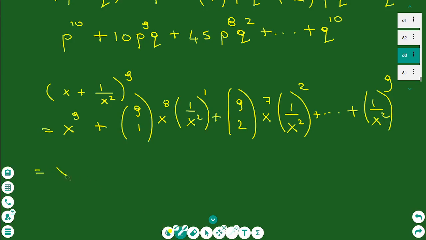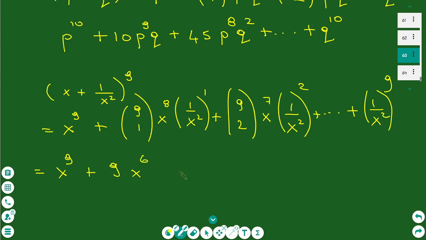So this is x to the power of 9, this is 9 x to the power of 8 over x squared, which gives us x to the power of 6.